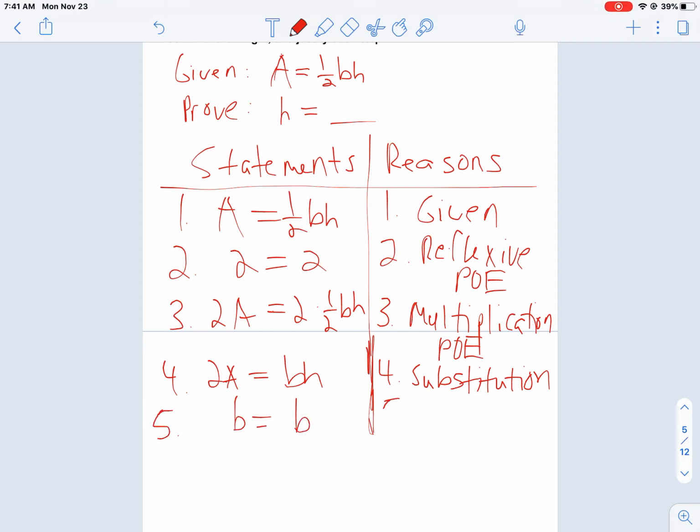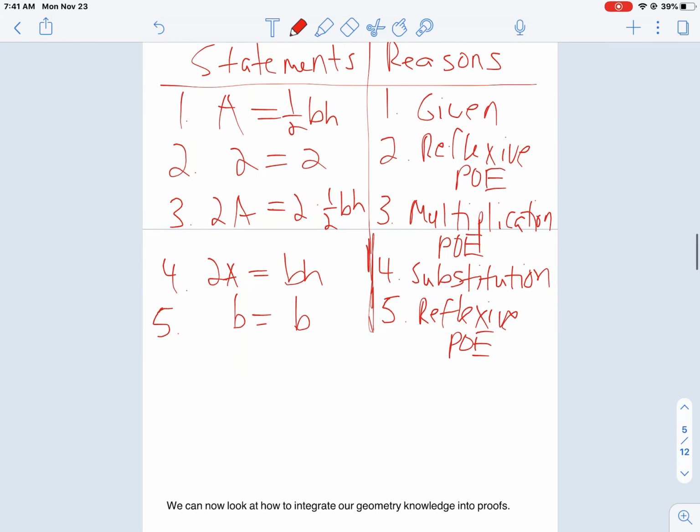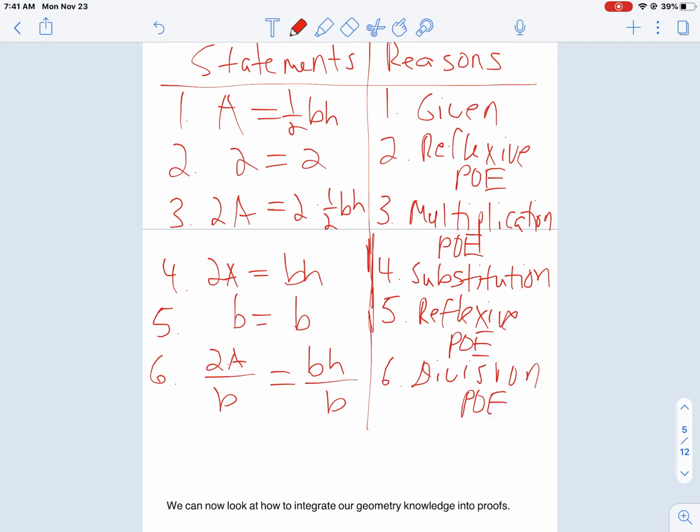Now I have to get rid of that b. So I'm going to say b equals b. Reflexive. Divide both sides by b. That's division. And then we get 2a over b equals h. That's substitution.